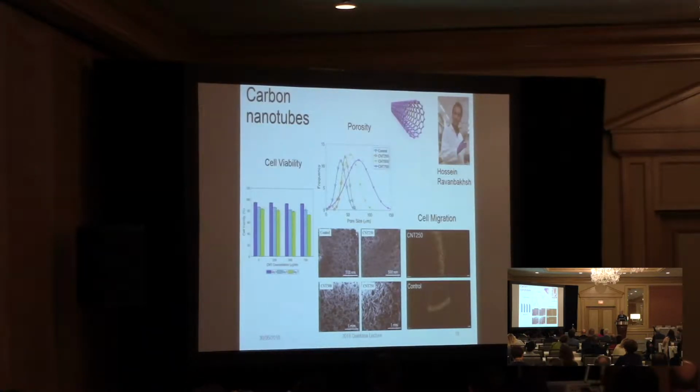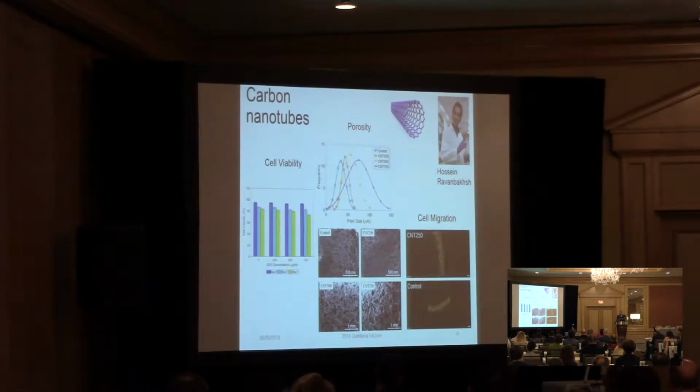And as you might be able to see, if you take a quick look at the figure here, you can see that cell viability is not really that bad. So we're able to achieve 85% cell viability over 7 days for fibroblast cells immersed in a solution with CNTs for reasonable concentrations of CNTs.